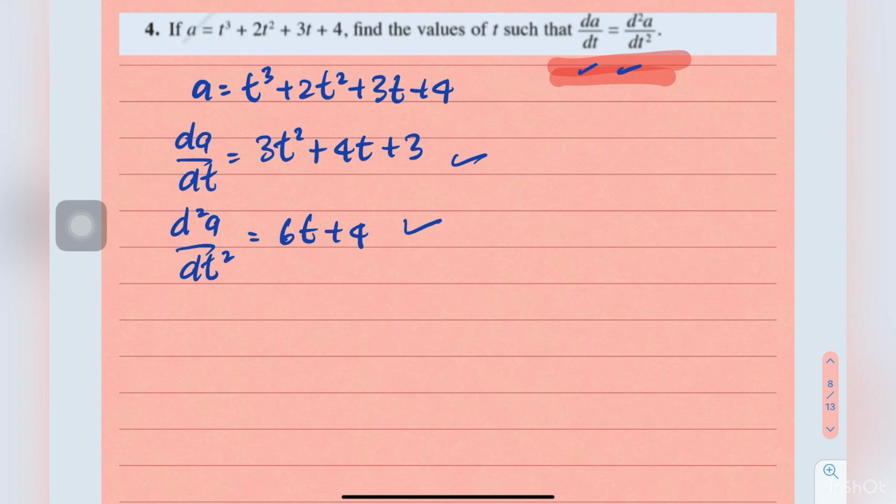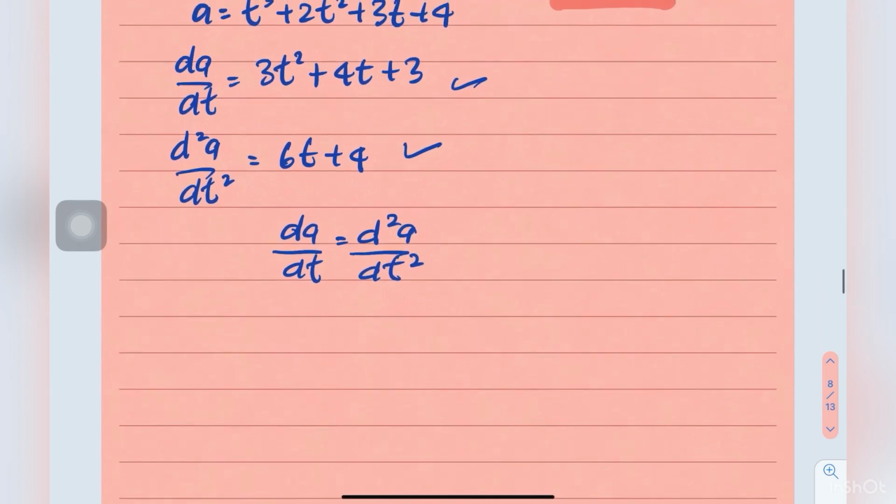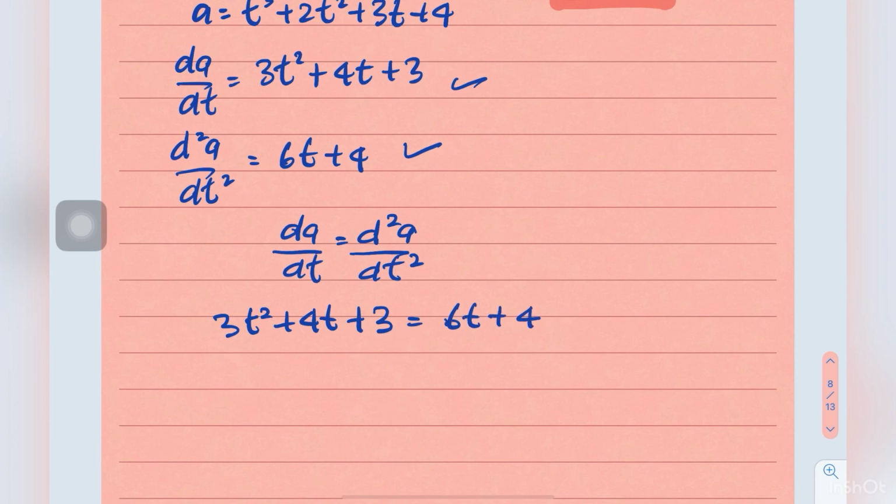Given dA/dt equals d squared A/dt squared, dA/dt is 3t squared plus 4t plus 3 equals 6t plus 4. This is a quadratic equation but not in general form, so you have to convert it into general form.